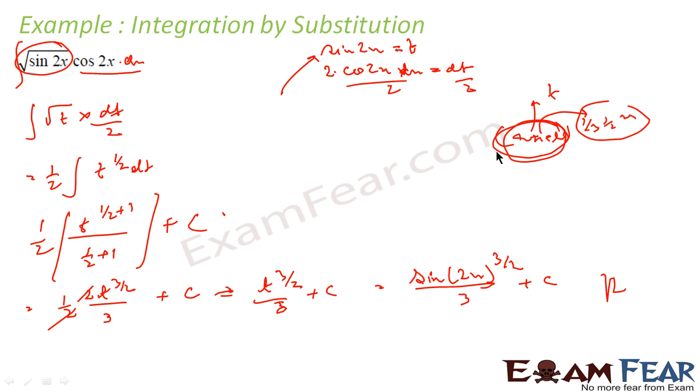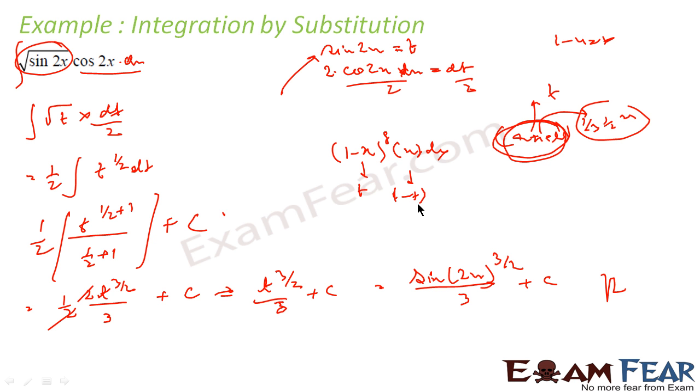Correct? We had one example where we have 1 minus x to the power, let's suppose 8 into x dx, right? So in this case we took this guy as t. So with this what happened, this becomes t and 1 minus x is t, so x is 1 minus t.